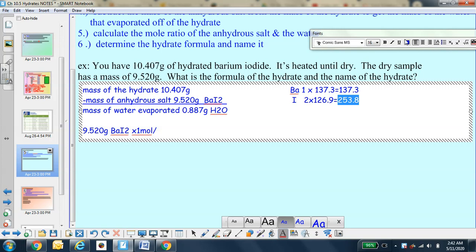Of course, we are going to add these two numbers. And this gives us 391.1 grams of barium iodide.